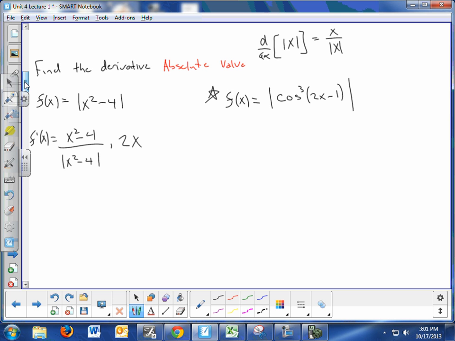Times the derivative of the next piece times the derivative of the last piece. Just like a chain rule problem. You're taking the derivative of cos cubed of 2x minus 1.